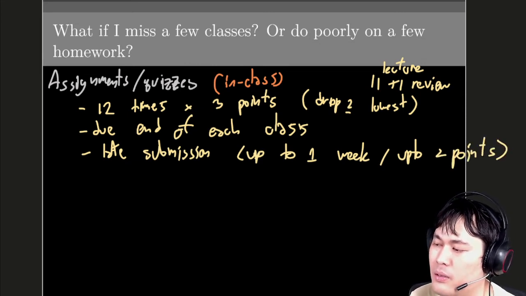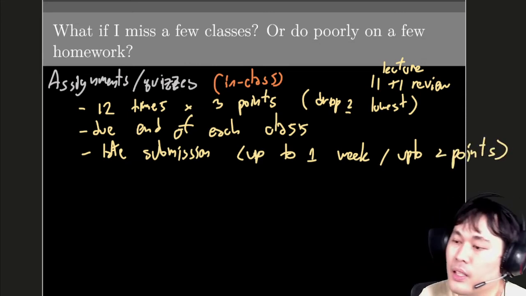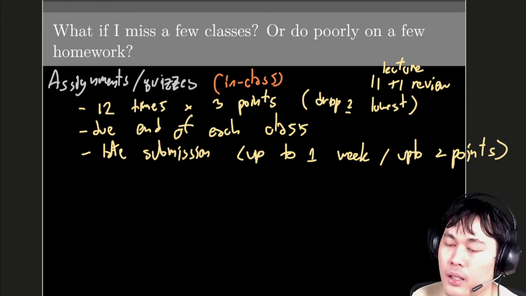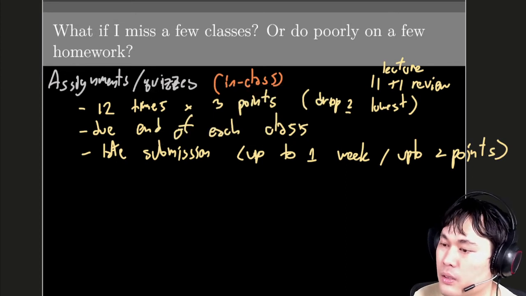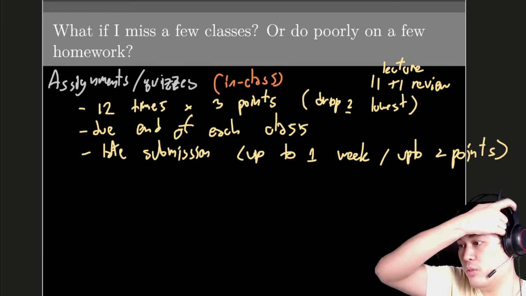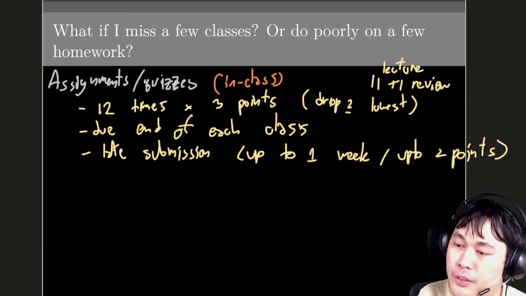A small penalty. I think that's all we need: 3 points, 12 times, due at the end of the class, and you can submit late up to 1 week for up to 2 points out of 3.